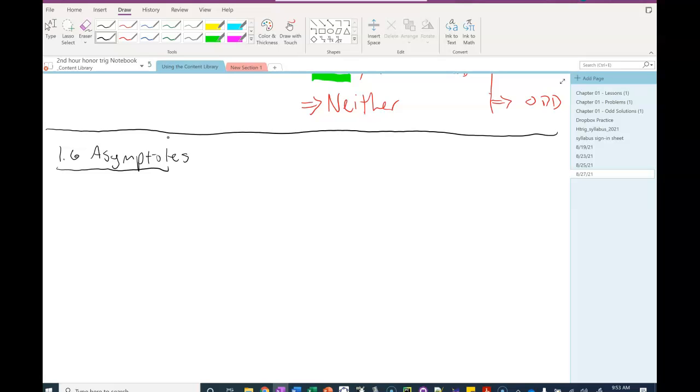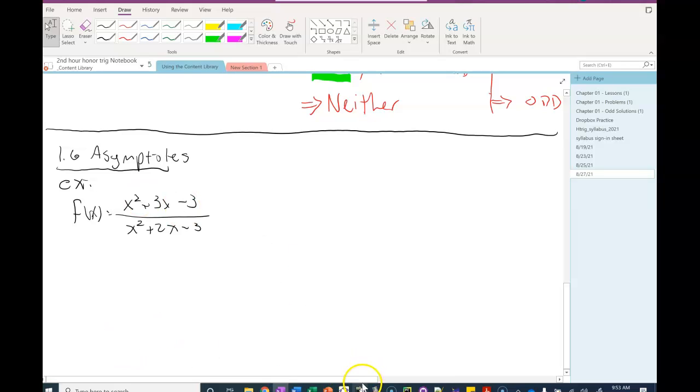So let's just look at a quick example. Let's say we have f of x equals x squared plus 3x minus 3 over x squared plus 2x minus 3. So let's just generate a graph for this real quick.